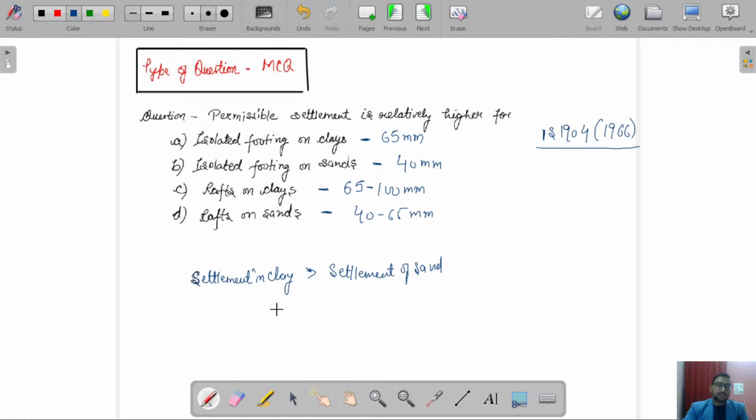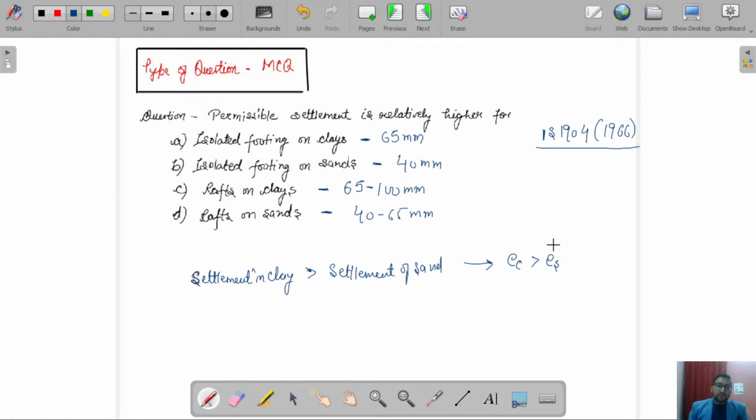What will be the reason? As the void ratio of clay is greater than the void ratio of sand.